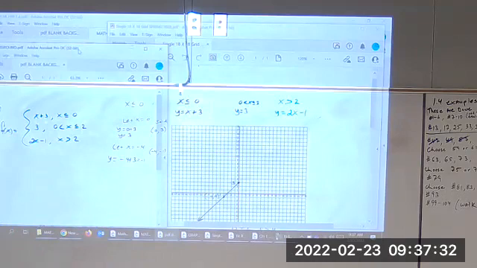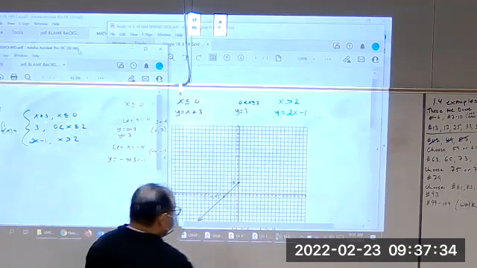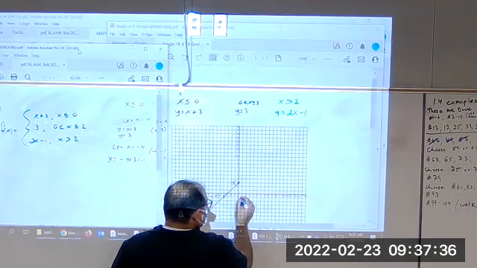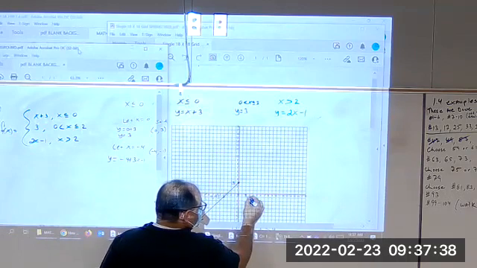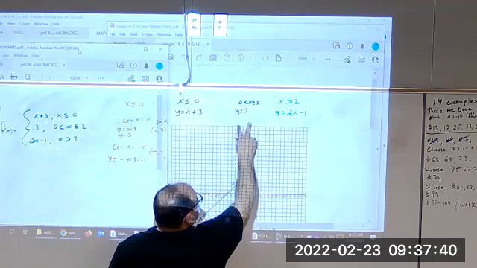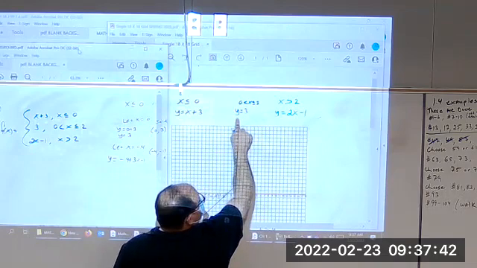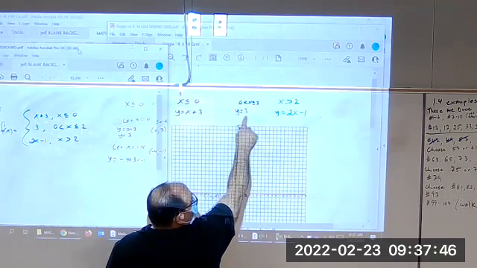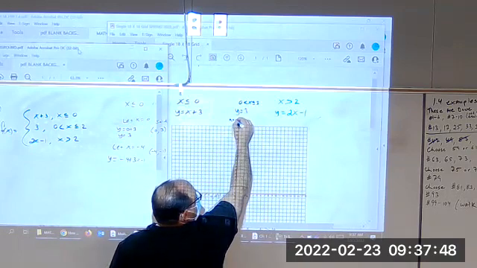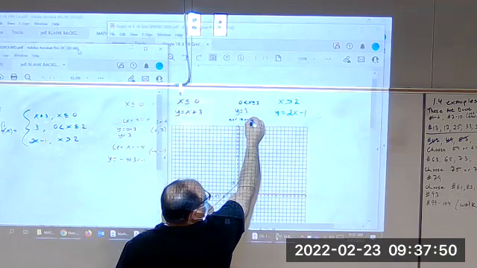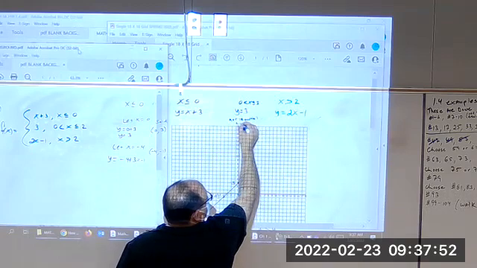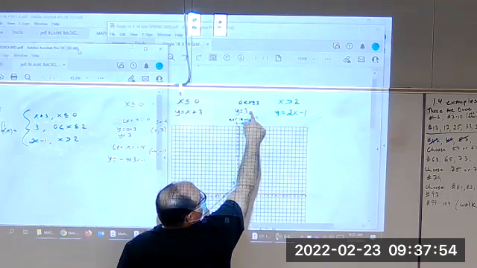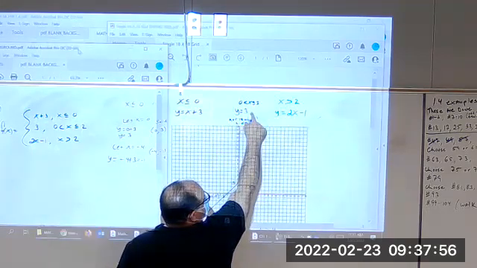And then between 0 and 2, between 0 here and 2 right there, then this function takes over, which is kind of nice because this is a special case. When you have y by itself, it's a horizontal line where y is always a 3.